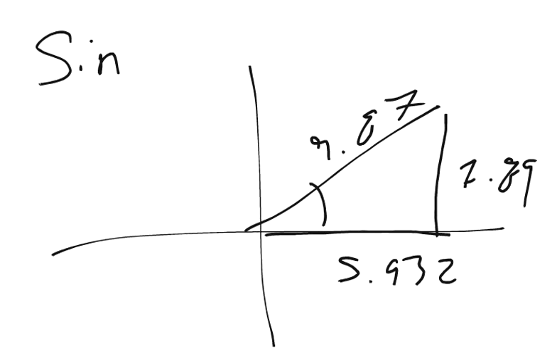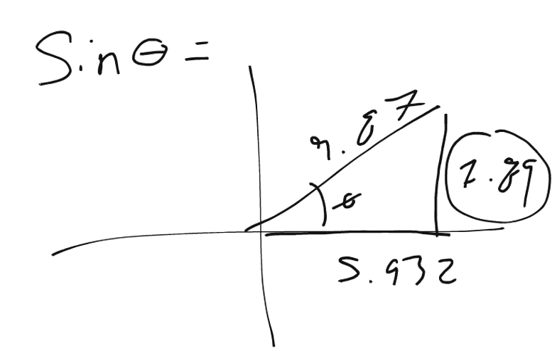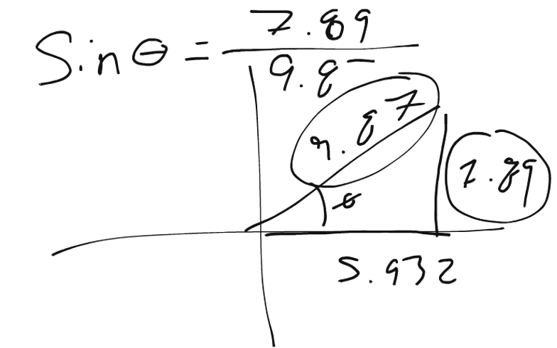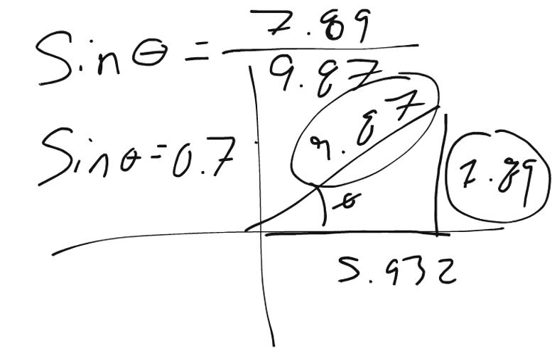We know that sine theta, which theta is unknown, equals opposite over hypotenuse, 7.89 over 9.87. So sine theta equals 0.7997.